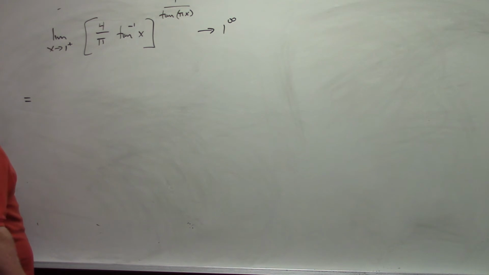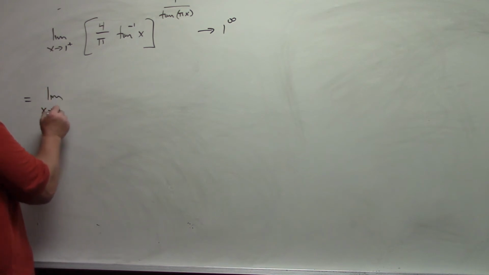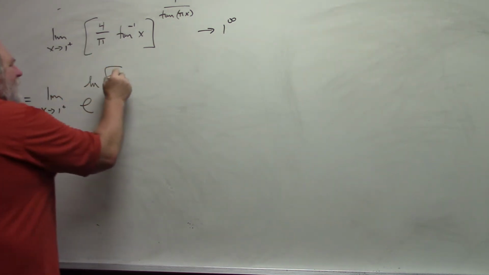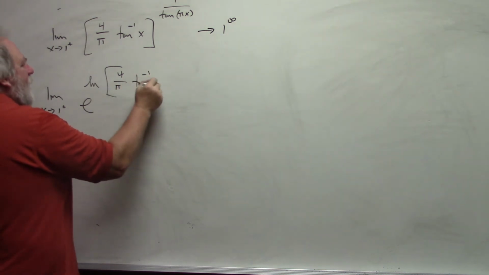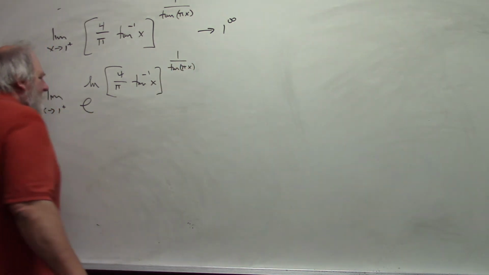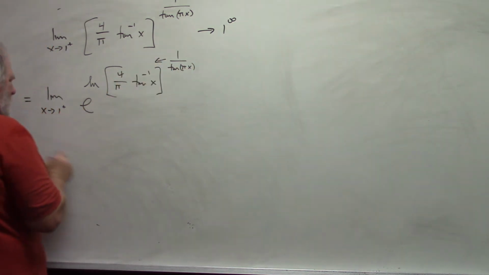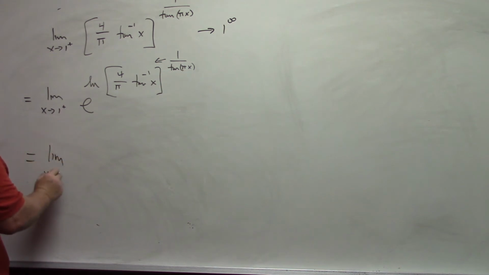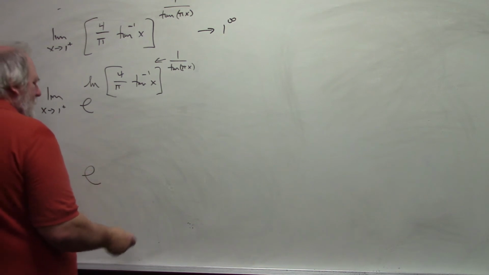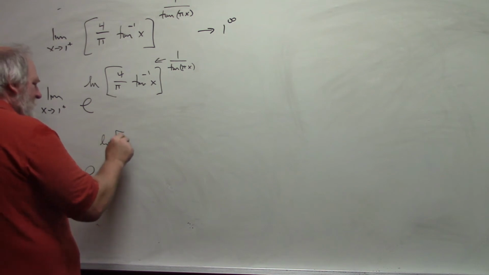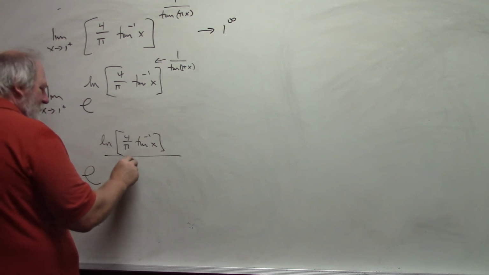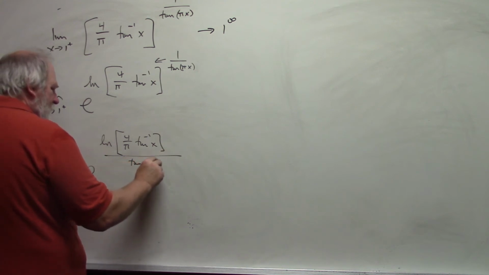This is the limit as x approaches 1 from the right of e to the natural log of this entire mess, 4 over pi arctan of x to the 1 over tangent pi x, or bringing this out front, I get the limit as x approaches 1 from the right of e to the natural log of 4 over pi arctan of x divided by tangent of pi x.